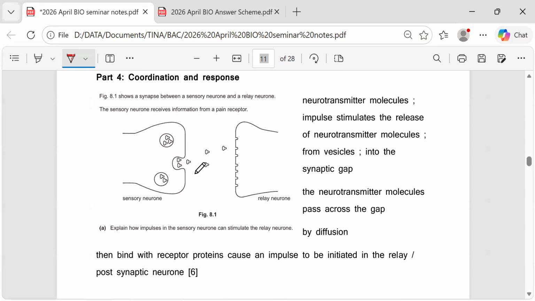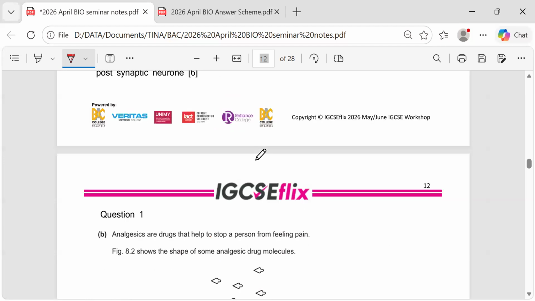The neurotransmitter is released into the synaptic gap, and then it will diffuse across and bind to the receptor proteins on the next neuron. This causes an electrical impulse, and it is a complementary shape.